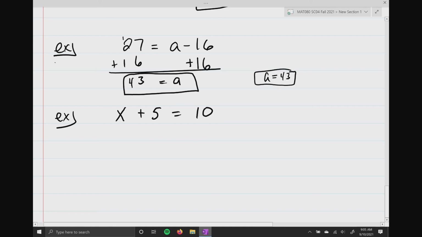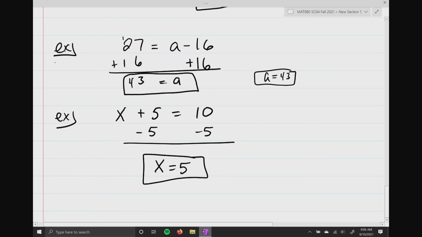All right, now this last one is different from all the other problems we did. Because all the other ones, I had to add something to both sides. Well, in this case, I need to do the opposite of add, which is subtract. So I'm going to subtract 5 from both sides to give me x equals 5.